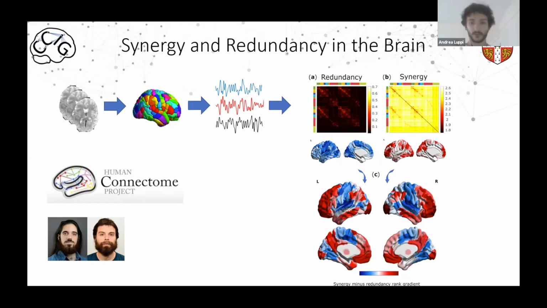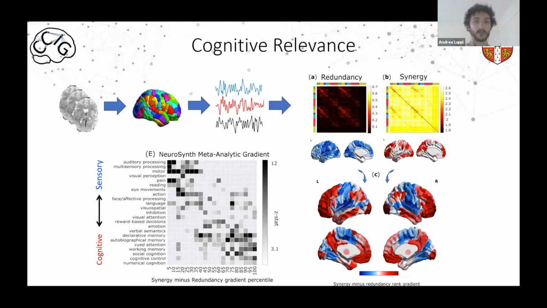But for now, you don't need to just take my word for it, because we ran a neuroscience term-based meta-analysis on these results. And indeed, what we find is that synergy is more strongly associated with high-level cognition, whereas redundancy is more associated with terms from sensorimotor systems and cognitive functions accordingly.